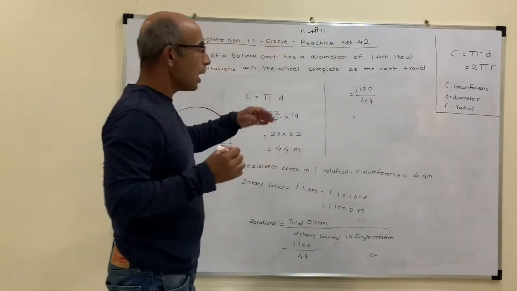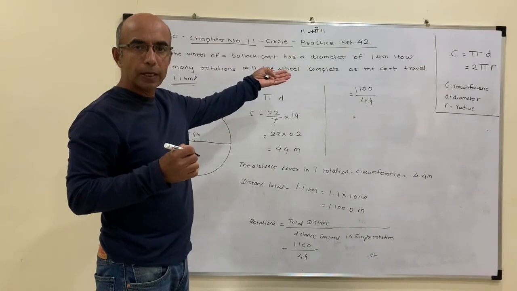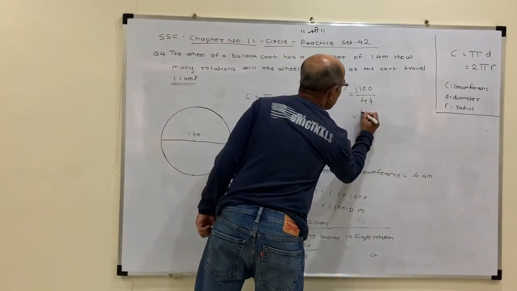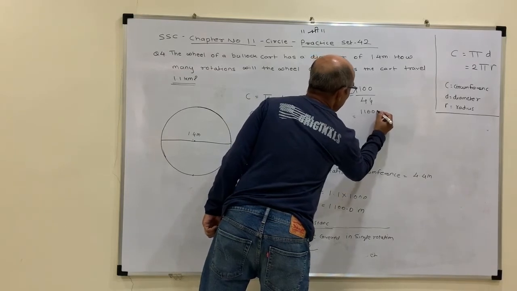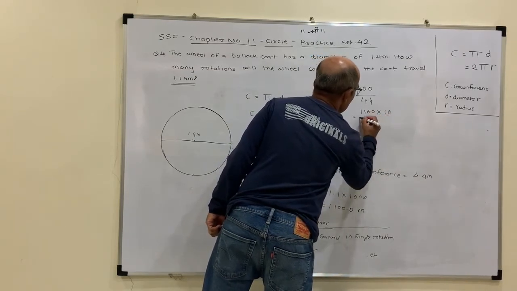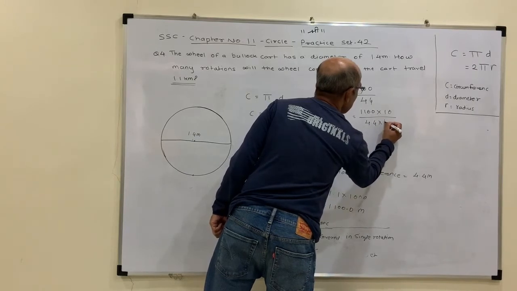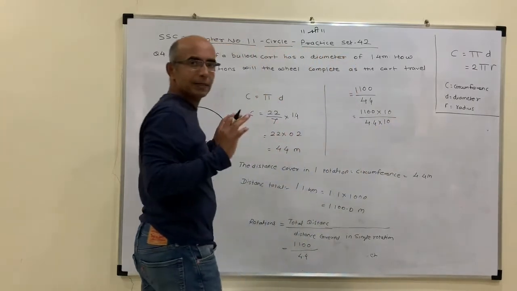So now I multiply 10 to the numerator and I multiply the denominator as well by 10. So my answer will be 1100 into 10 divided by 4.4 into 10. So the value remains same.